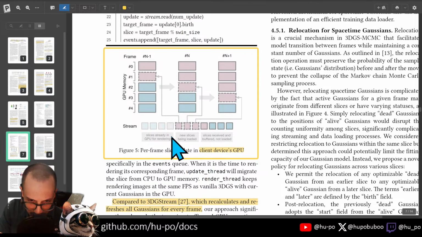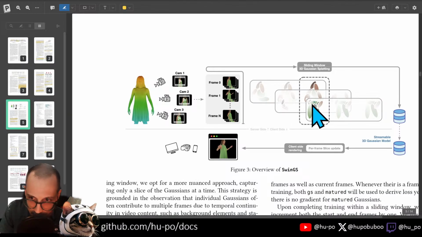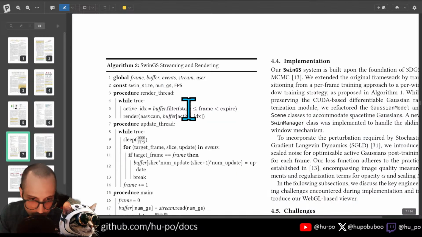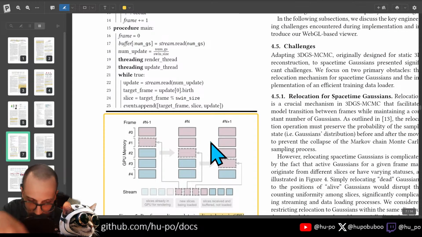And you can see how really the way to do this efficiently is to basically take Gaussians out and bring Gaussians in, right? Because over the course of this volumetric video, the Gaussians are going to change, right? Some Gaussians are going to come in, some Gaussians are going to come out, as different things go in and out of the video, maybe the background changes. You're going to have different Gaussians that represent different parts of that thing, and you want those to go in and out of your GPU memory, which is on your local device, right?